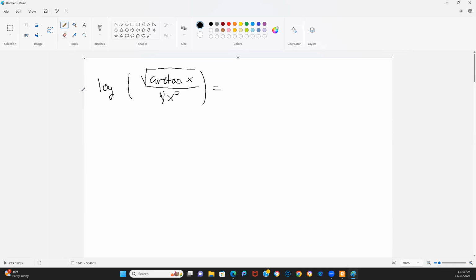First of all, we have this quotient, so this quotient will become a difference. I want to write the square root as a 1/2 power. So this would be log of arctan of x to the 1/2 minus log of y x squared. Then this 1/2 is a power, so it becomes the coefficient, and this will be 1/2 log of arctan of x.